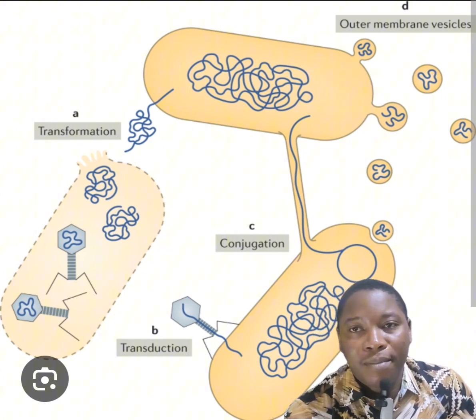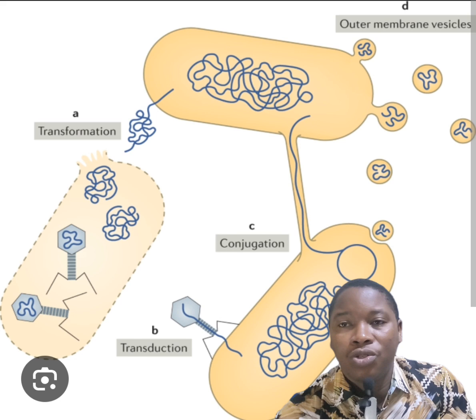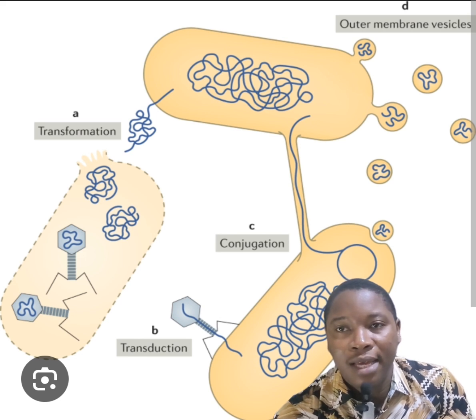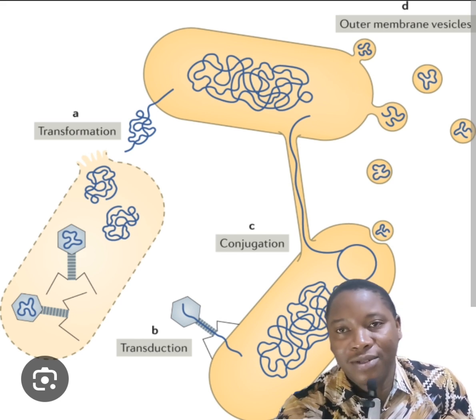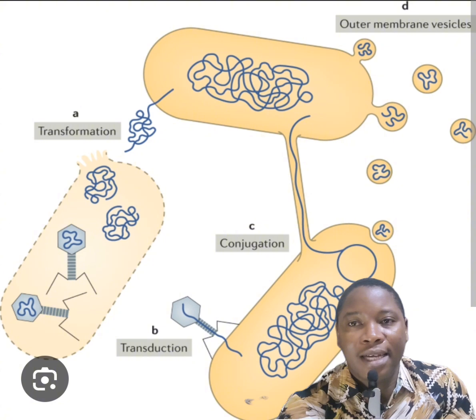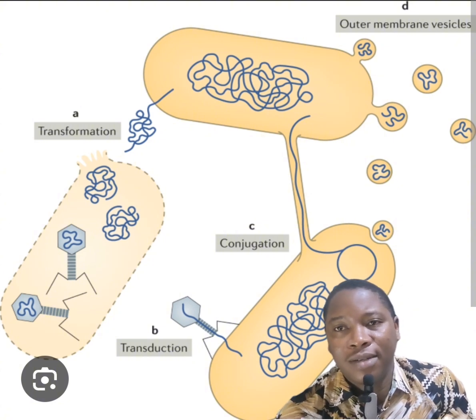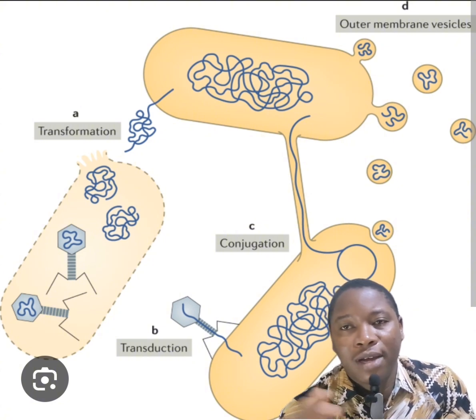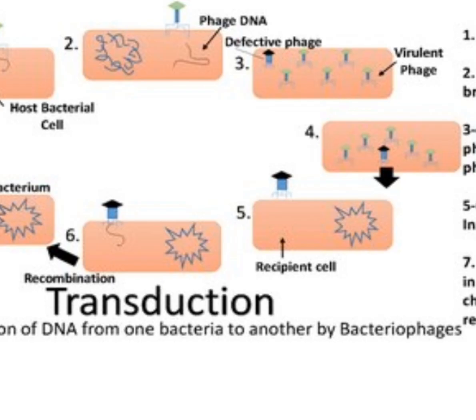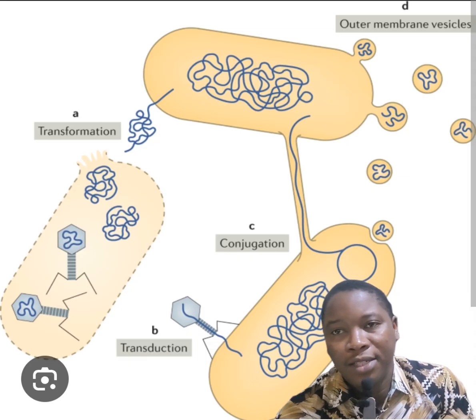So it takes DNA from bacteria B and carries it to bacteria A, or from A to B, anyhow. So you need to understand that you can have transfer of genetic materials from one bacteria to another using a bacteriophage, a virus that is able to invade a bacteria. That's what happens in transduction.